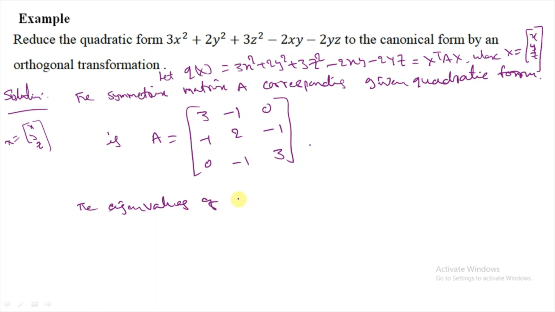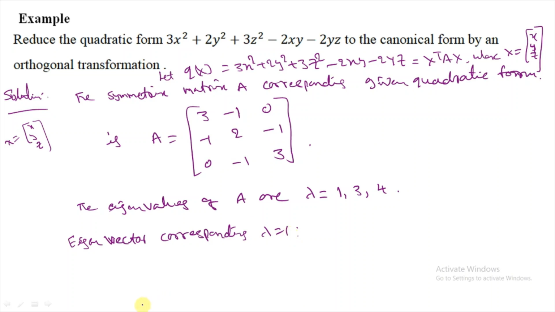The eigenvalues are lambda equal to 1, 3, 4. Now eigenvectors: corresponding to lambda equal to 1, eigenvector means we solve A minus I x equal to 0.